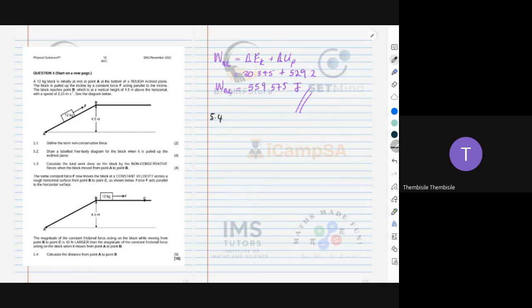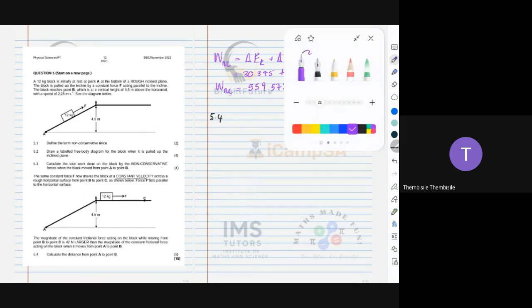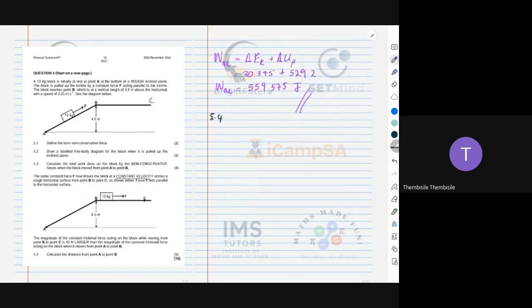So 5.4 here, they're saying the same constant force now moves the block at a constant speed or constant velocity here, which is very important, across a horizontal rough surface from point B to point C. So let's say point C is here. So now that means the box is being pulled horizontally now, right?